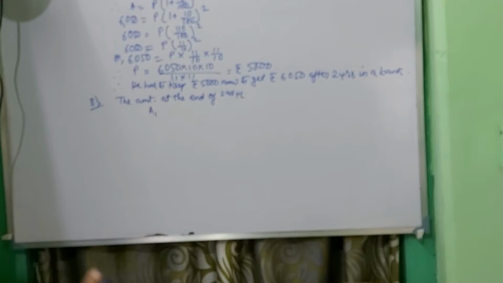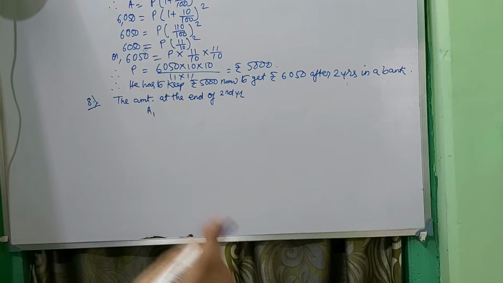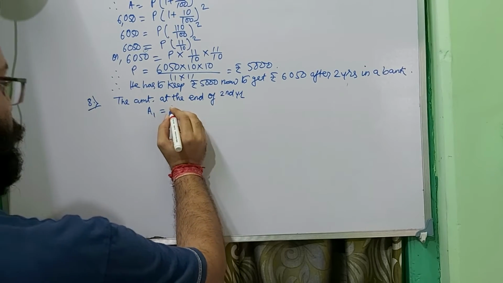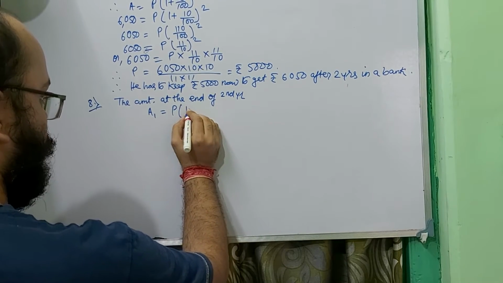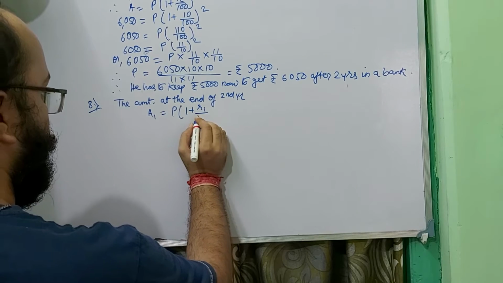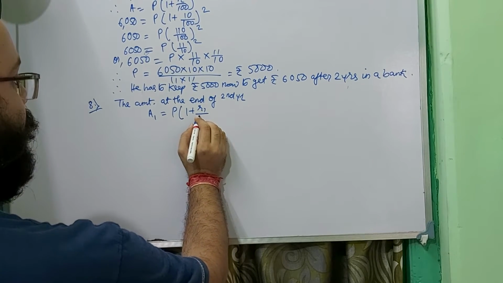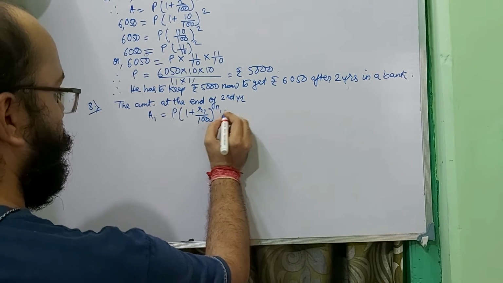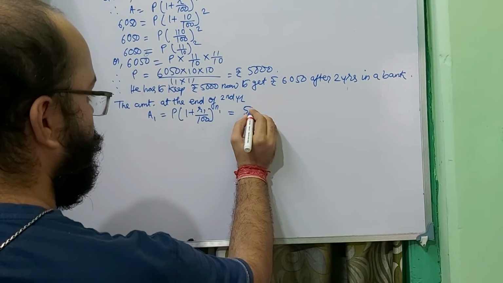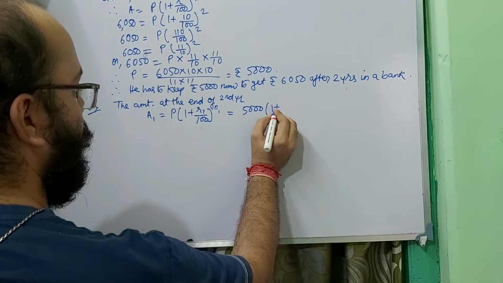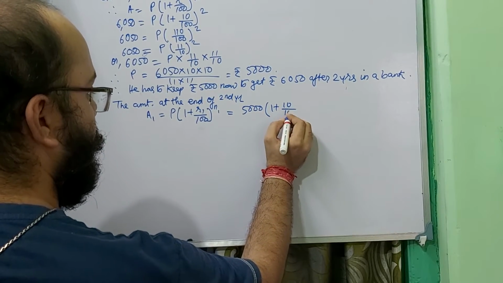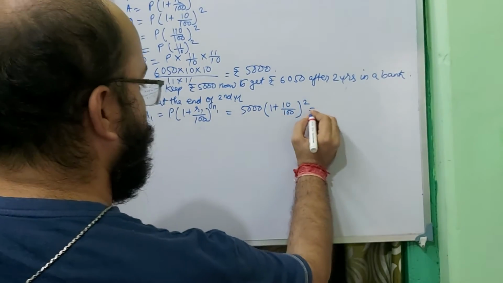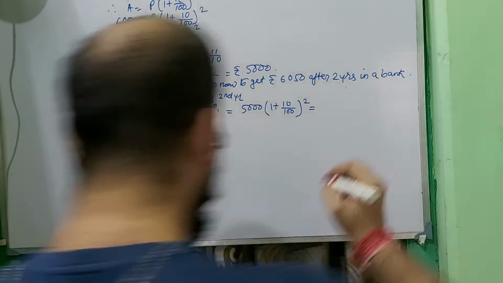Why A1? Because two rates are different, 10% and 12%. P is given, 5,000, but I am putting first the formula A1 is equal to P into (1 plus R1 by 100) whole to the power N1, which is 5,000 into (1 plus 10 by 100) whole to the power 2 is equal to, what is the amount?